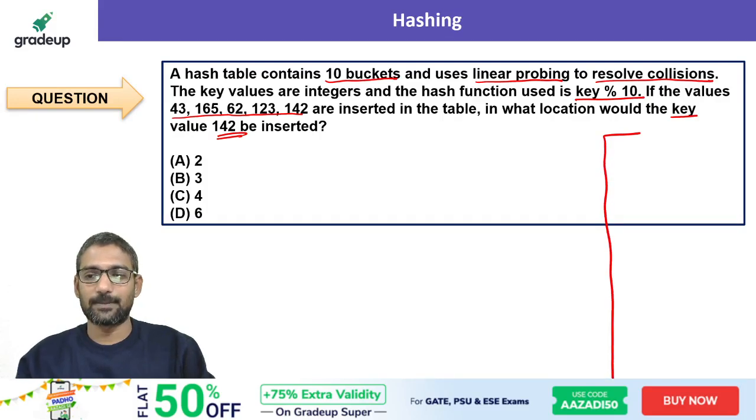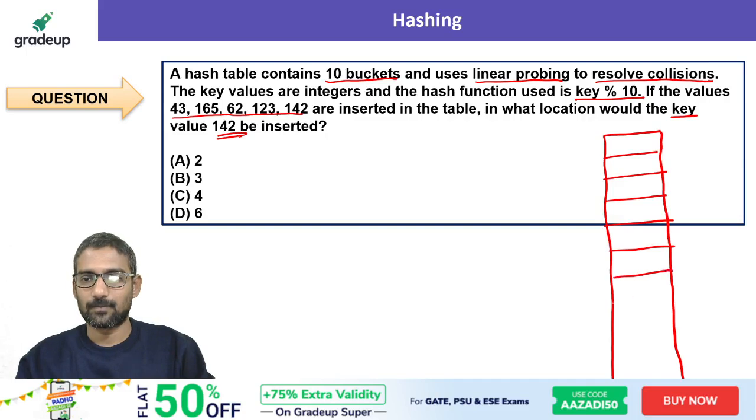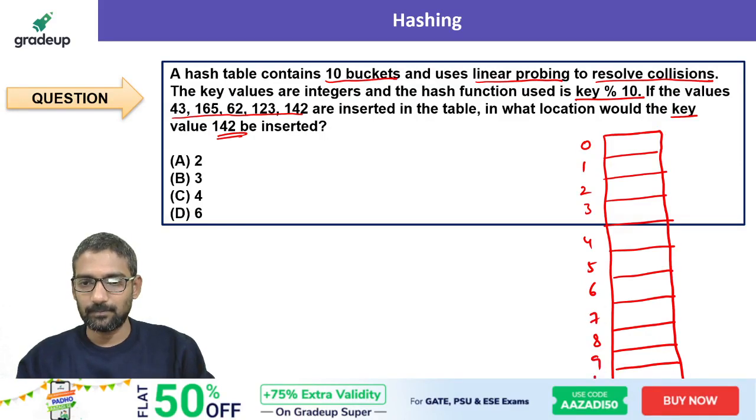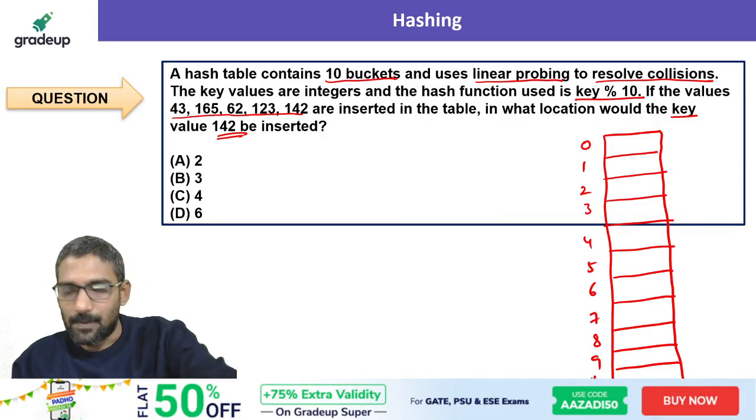So take the hash table with the 10 buckets, numbered from 0 to 9.